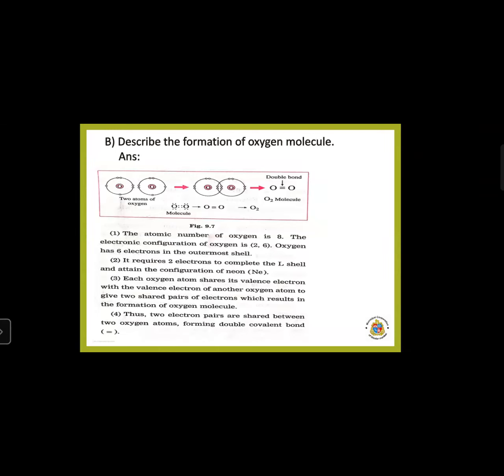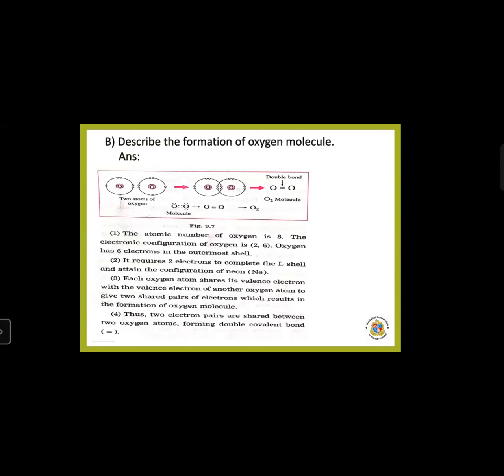As it requires 2 more electrons, it shares its valence electrons with another oxygen atom. By sharing electrons, it forms the bonding. It gives two shared pairs of electrons, which results in the formation of the oxygen molecule.